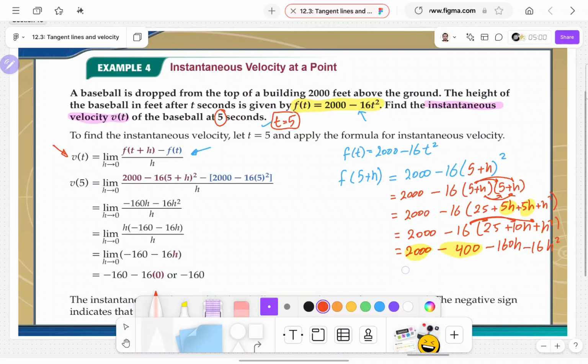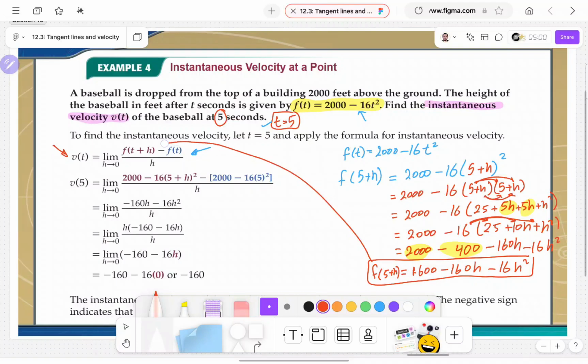So 2000 minus 400 is 1600, minus 160h, minus 16h squared. All of that is f of 5 plus h. So this is the simplified f of 5 plus h, and I need to replace this one instead of this.